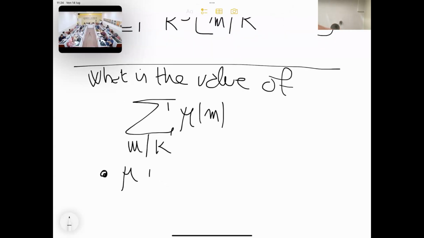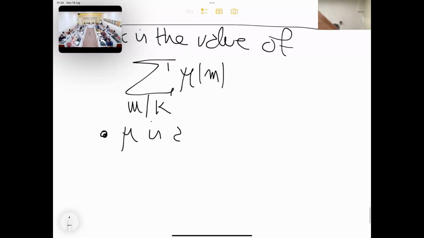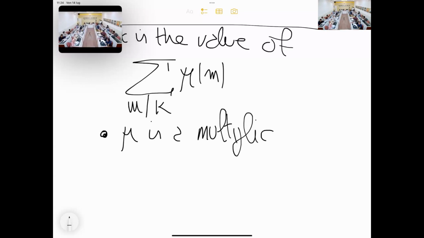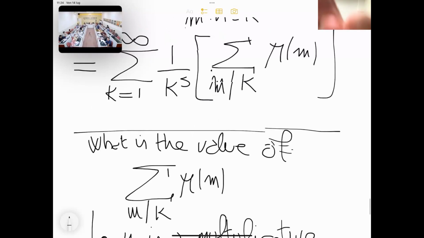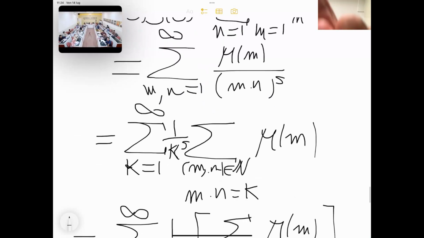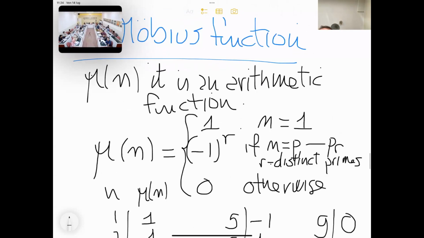Mu is a multiplicative function. So mu is multiplicative. Why is it multiplicative? Let's check the definition of mu. So we go back to this definition.